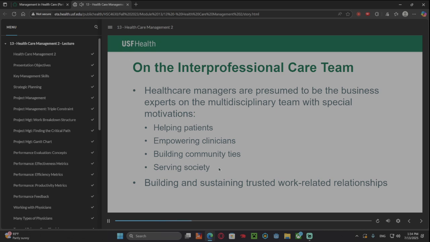Healthcare managers are presumed to be the business experts on the multidisciplinary team, but we have special motivations. We want to help patients. We want to empower clinicians. We're interested in building community ties and serving society. So certainly, our job on the interprofessional team is to build and sustain trusted work relationships with clinicians so that we can be effective as collaborators on interprofessional care teams.